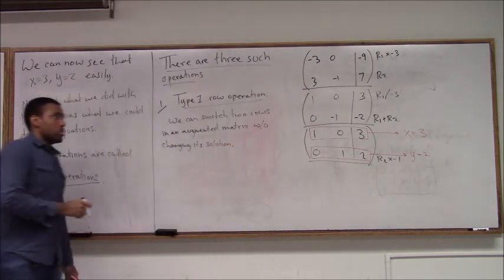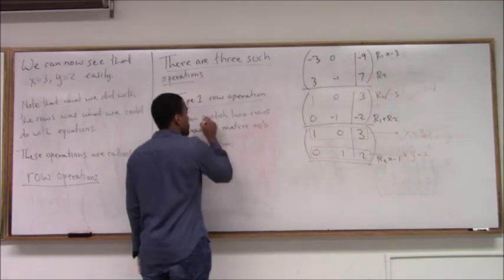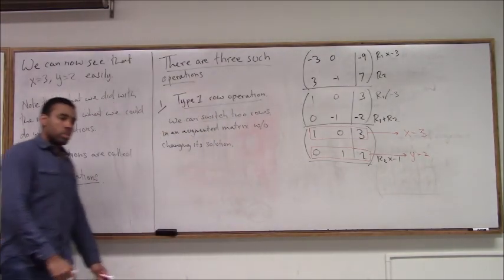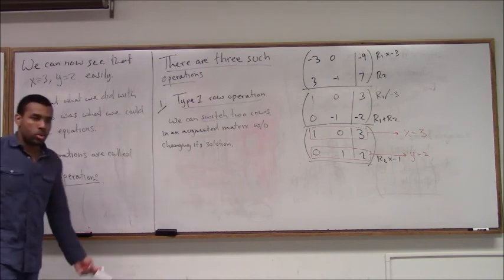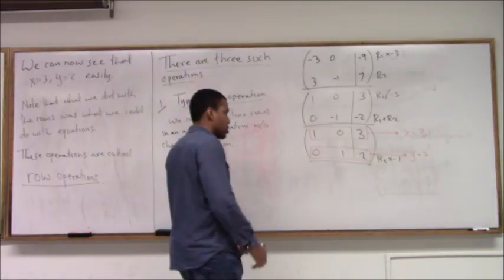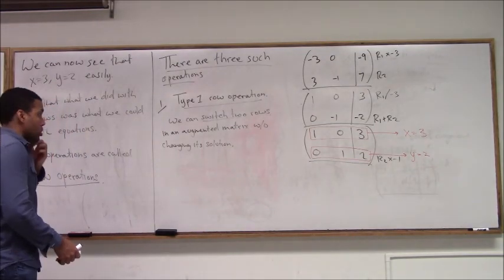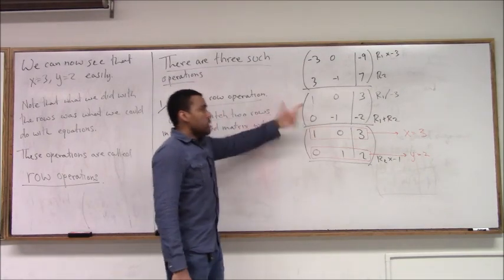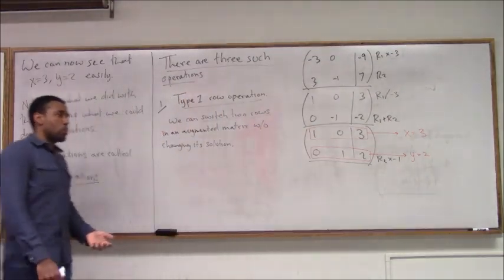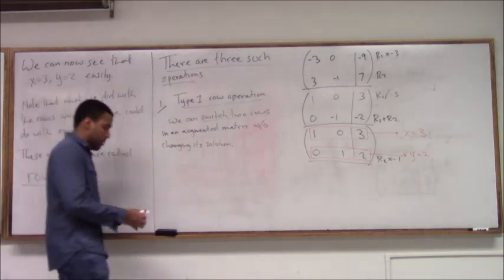So one type of row operation is switching rows. I can swap 2 rows, and that's just me relabeling the equations that I'm using. That doesn't affect the solution to the original set of equations, so that's something I can always do. If I want to see things in a certain convenient form, and I have to swap rows to get it into that form, I can do that. That's a row operation, and that's legal.